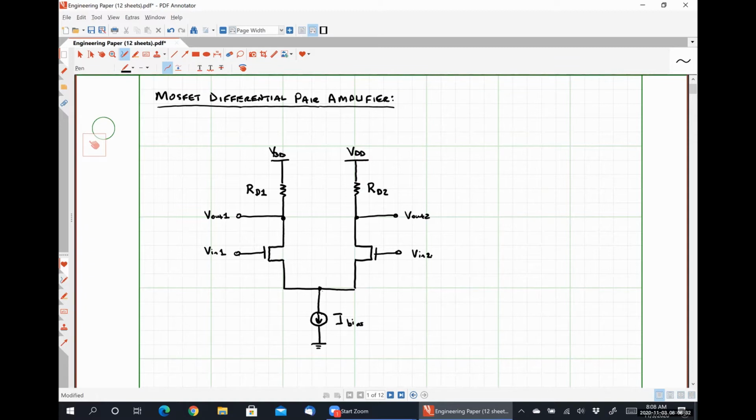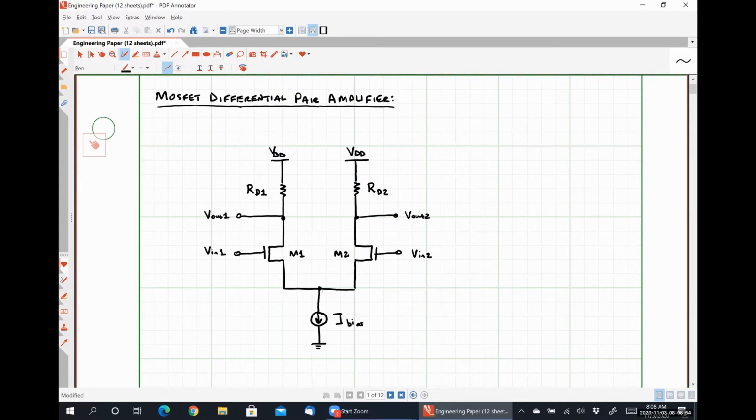So this is our MOSFET differential pair amplifier. We can see that at the most basic level, it has two inputs, VIN1 and VIN2, applied at the gates of transistors M1 and M2 respectively.